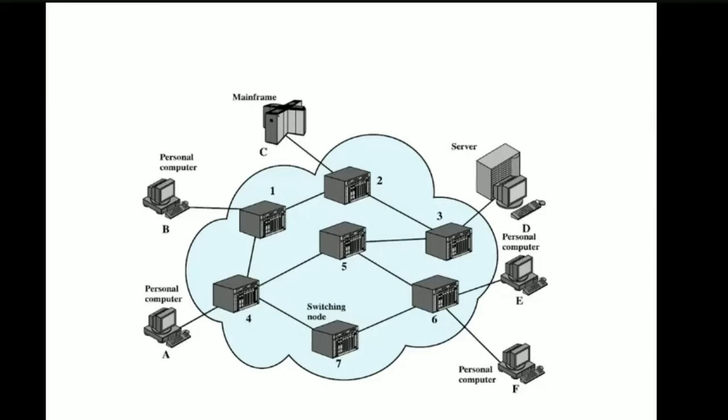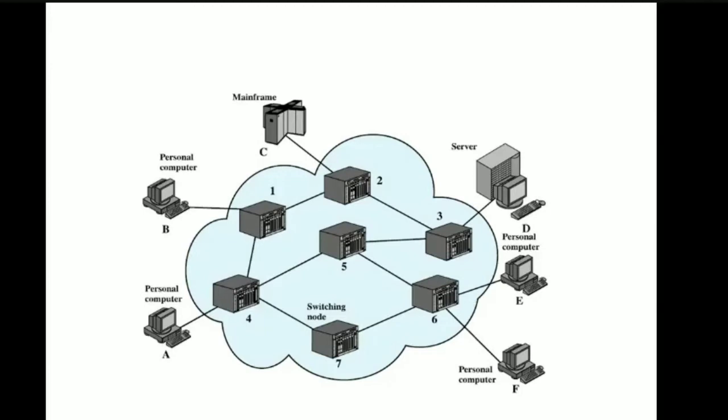Okay, so if you see in this example, let us consider the data from station A, and you wanted to send the data to the destination station F. From A to F, station A has to send the information to node 4.